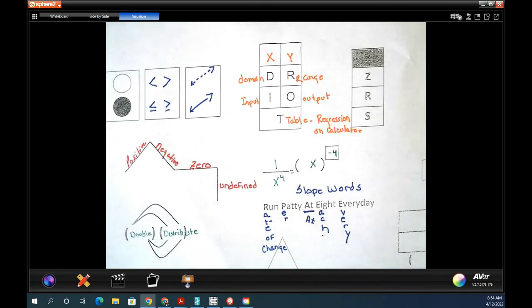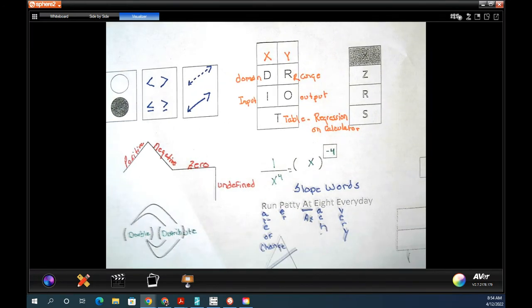Those are all words when you're reading a problem that means slope. Those words mean slope. Okay. Mark this out. Don't worry about that.